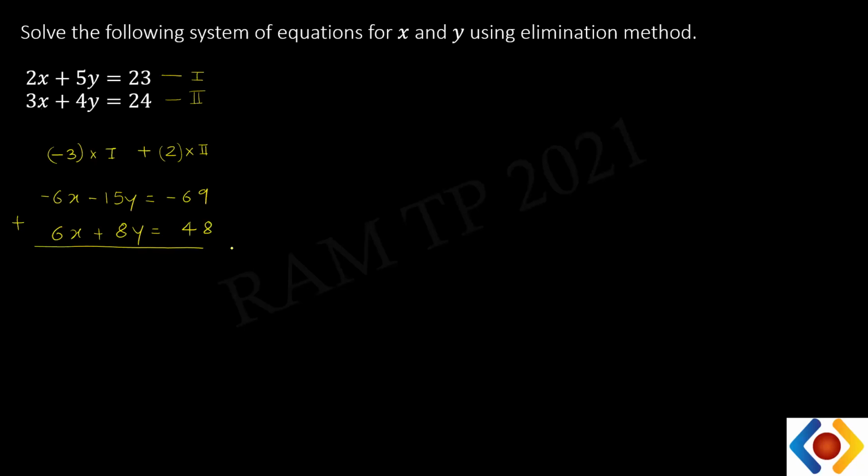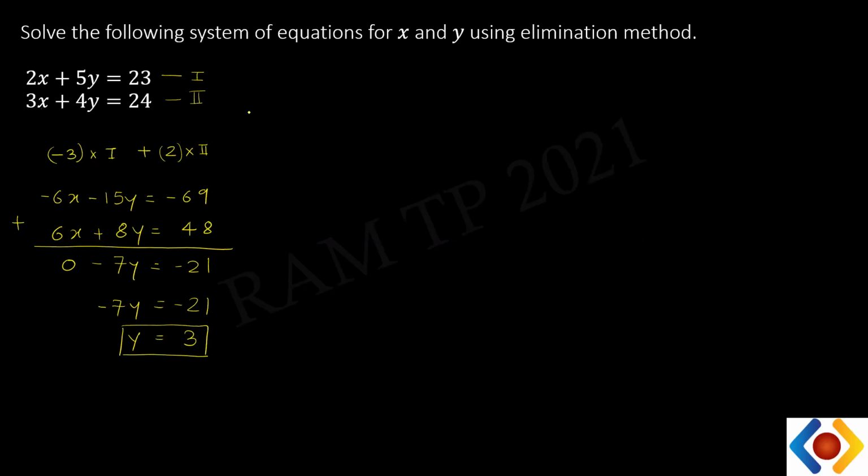If we add, 6x minus 6x, I end up getting 0. Minus 15y plus 8y is -7y, and -69 plus 48 is -21. So basically we have -7y equal to -21. So y is 3.